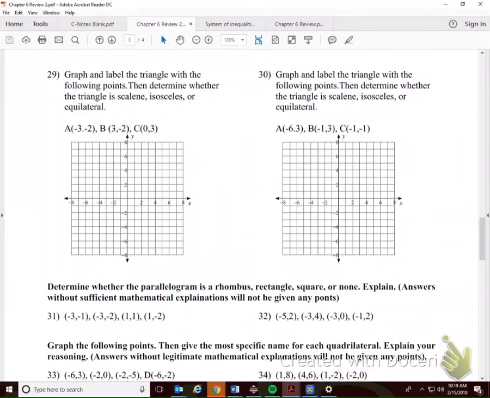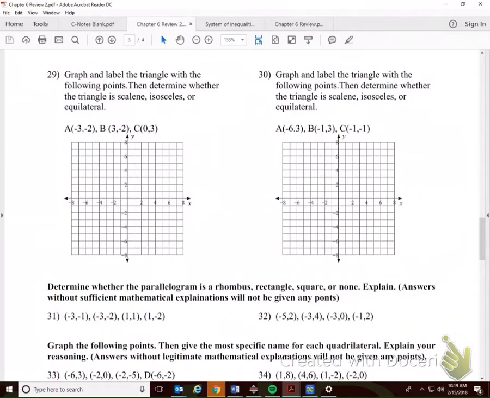All parallelograms have the same set of rules that apply to them. If you are a rectangle, there are two extra things about you. It is equiangular, and the diagonals are congruent. So we have equiangular and congruent diagonals.